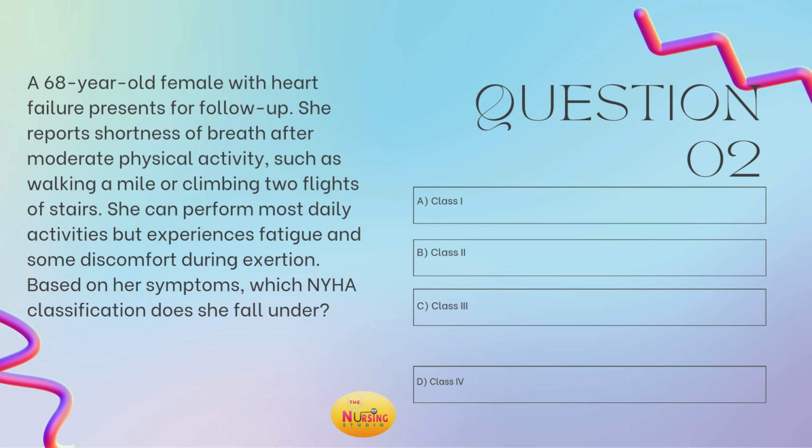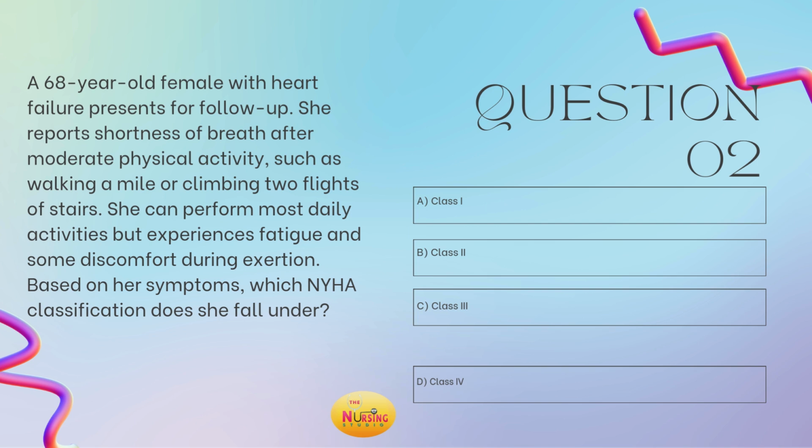Whereas stage 3, class 3 I should call it, it would have said, hey, just walking to her mailbox or walking to her car from the grocery store, she cannot do those short distances or minimal exertion without starting to have this discomfort. Okay, so that's like your progression.